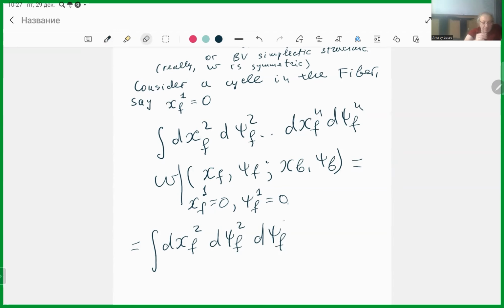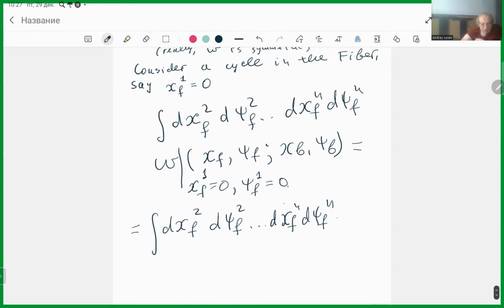Okay, here I put L dots. And here I want to have d psi fiber 1, to come back to the odd Fourier transform.